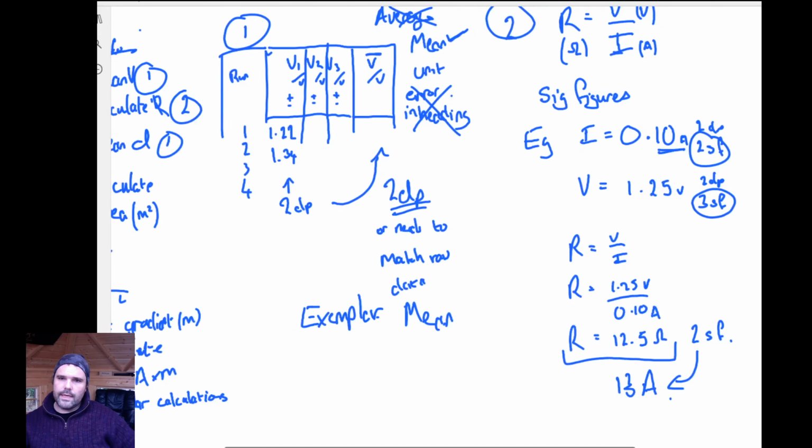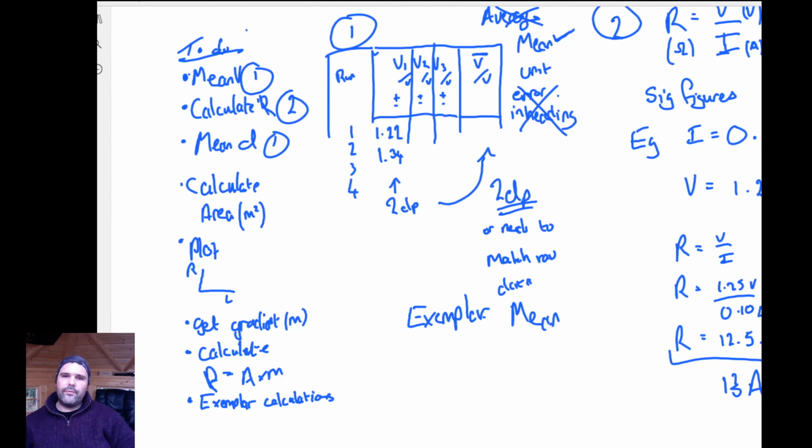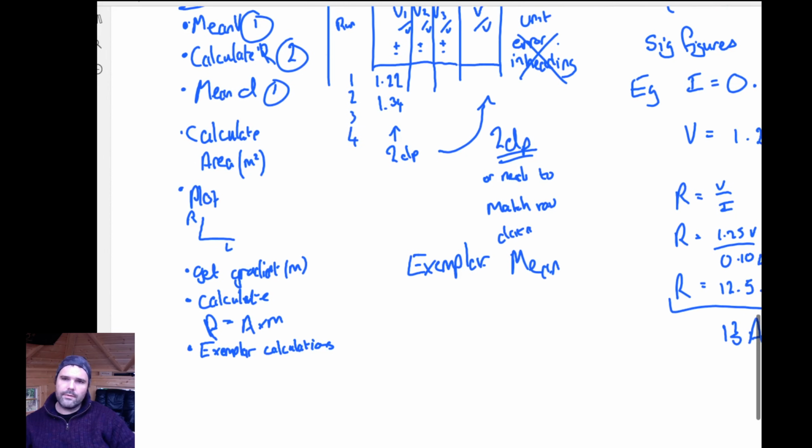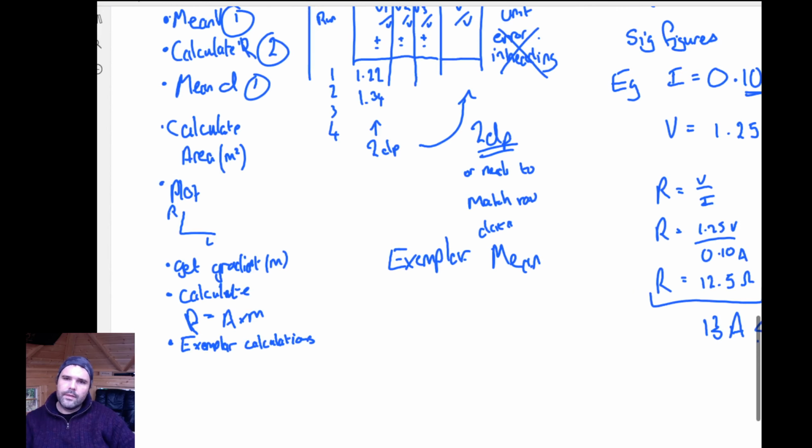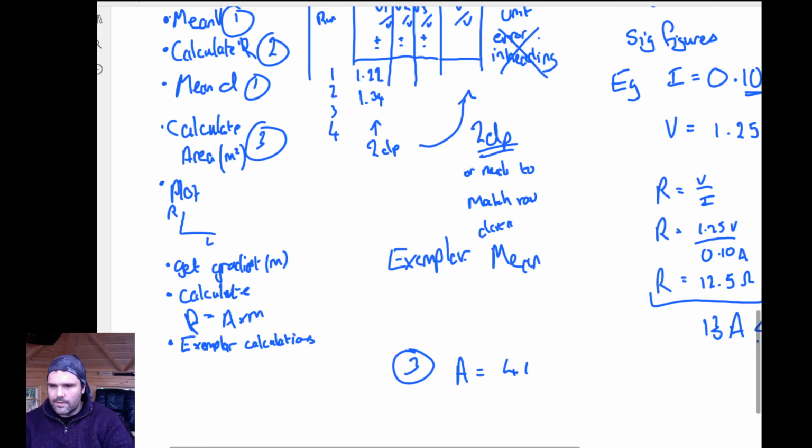Okay, so what's next? We've got our mean value of V, mean value of D, we've calculated a value of R. We now need to calculate the areas. So again, same thing. Only thing I'm going to say about this is, remember, you can use pi d squared over 4.